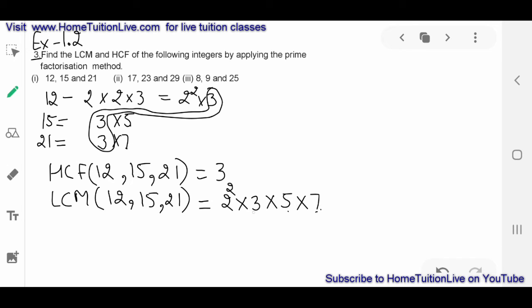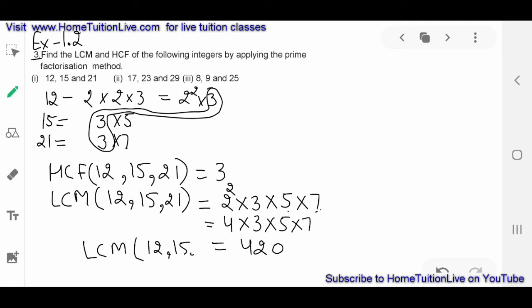Now we will multiply this: 4 multiply 3 multiply 5 multiply 7. When we multiply this, we get the LCM. So the LCM of 12, 15 and 21 is 420, and the HCF is 3 for the numbers 12, 15 and 21.